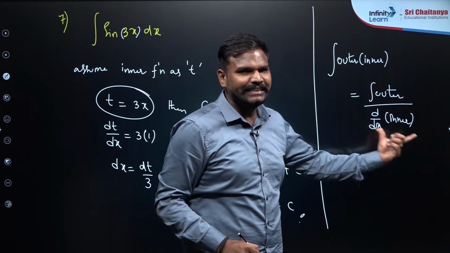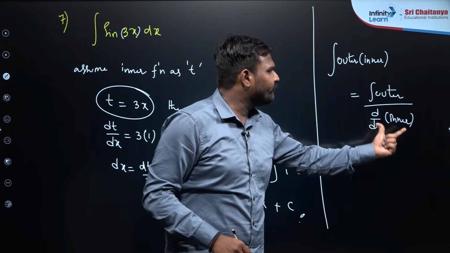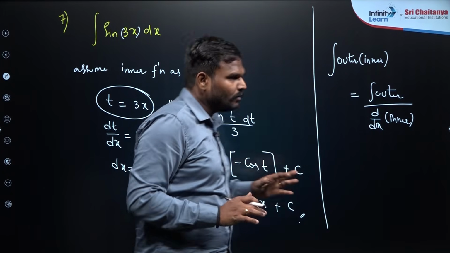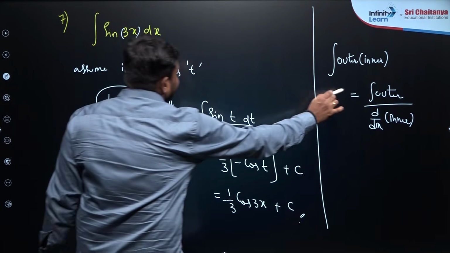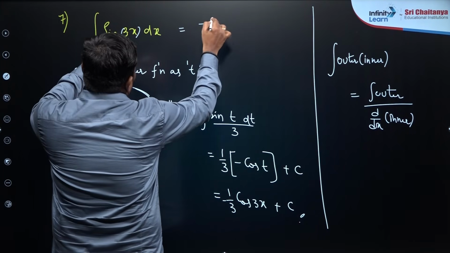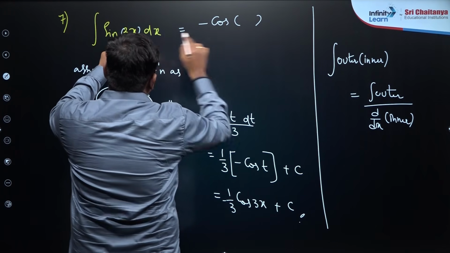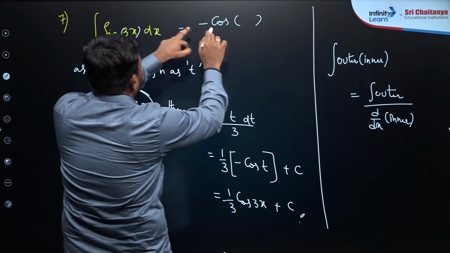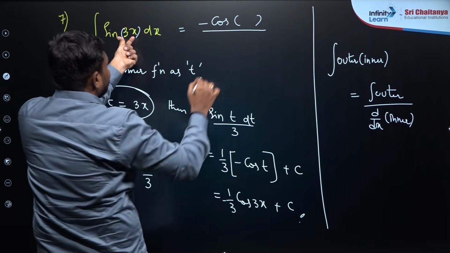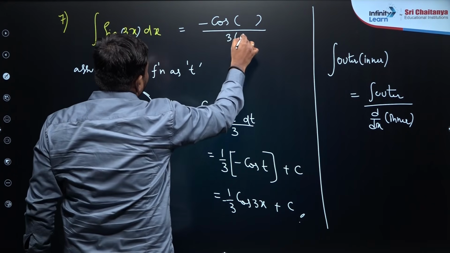D by dx means the derivative of the inner function at the denominator. This is the shortcut we will use. That means integrate the outer function, so sine of something is minus cos of something, divided by the derivative of the inner function 3x. What is the derivative of 3x? 3 into 1.